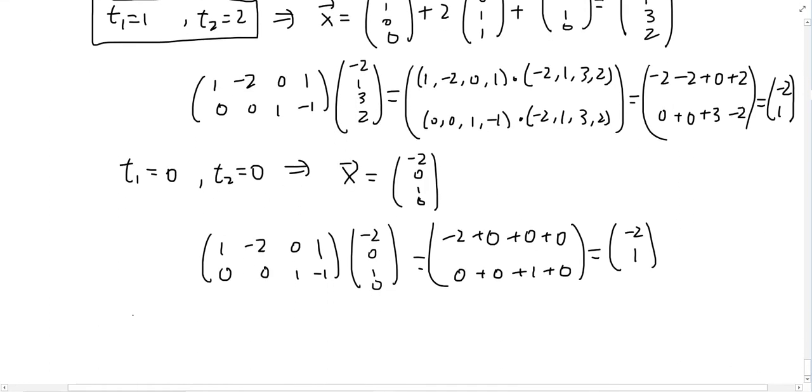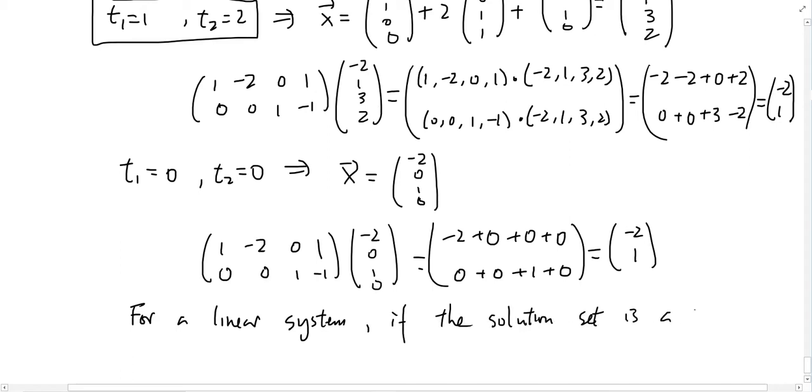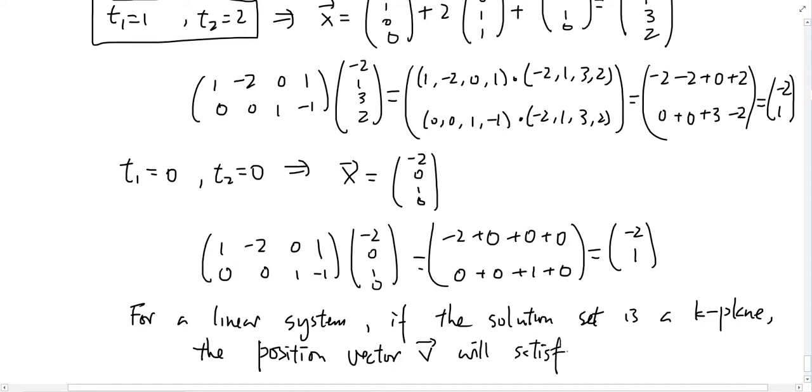So something we're writing down for a linear system: if the solution set is a k-plane, then the position vector, which we often refer to as vector v, will satisfy the linear system just by itself.